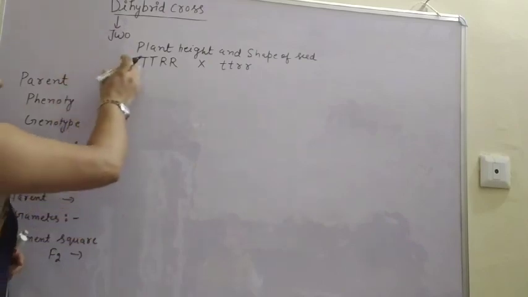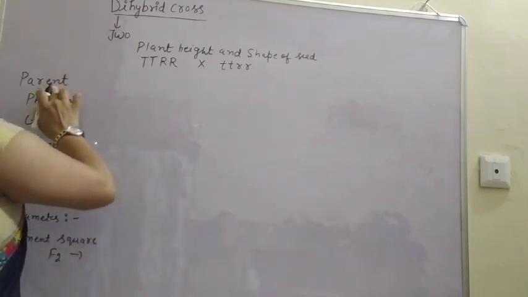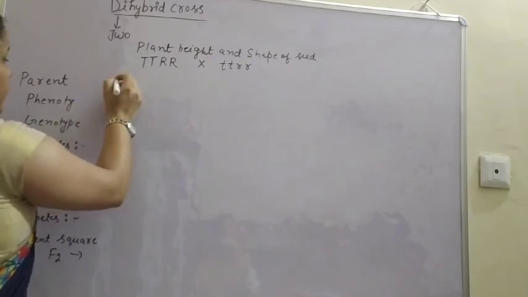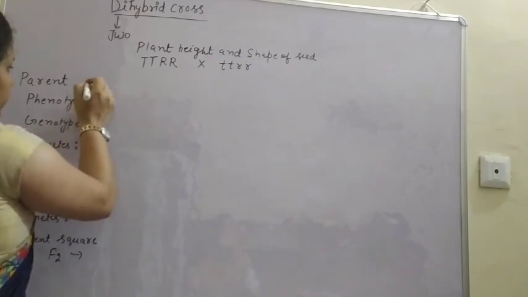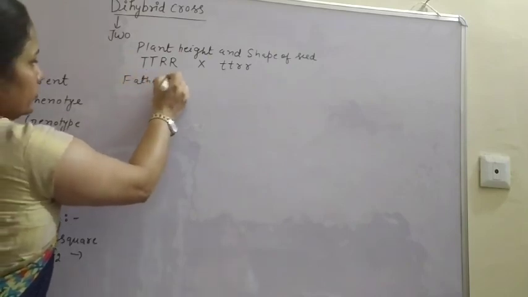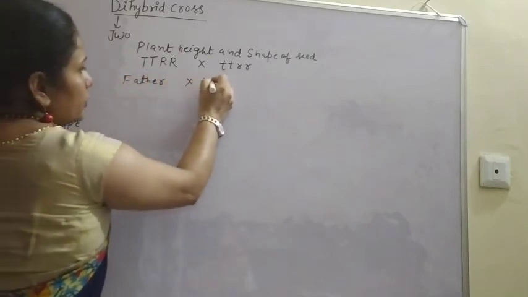So firstly I am doing it again. Firstly the parents, and the parent phenotype. Here you can write father and mother.